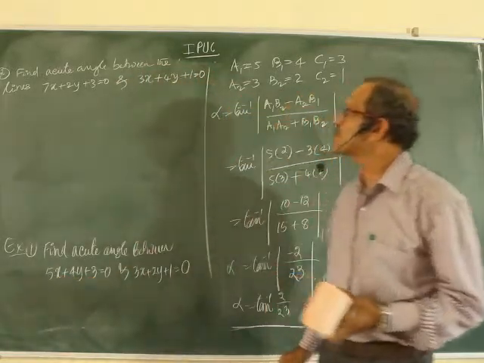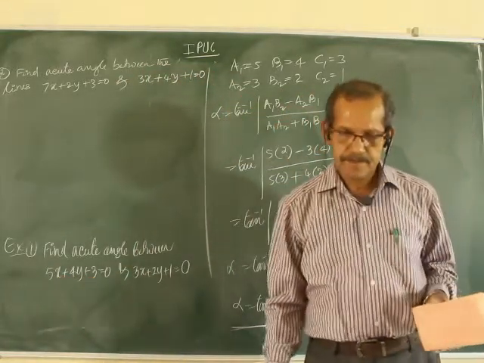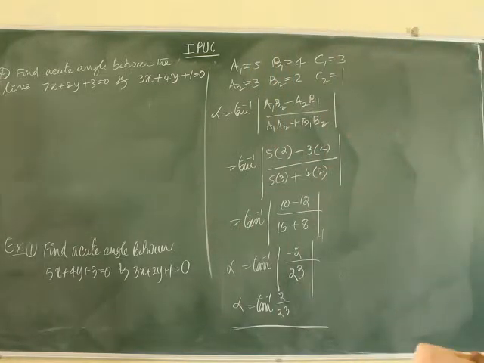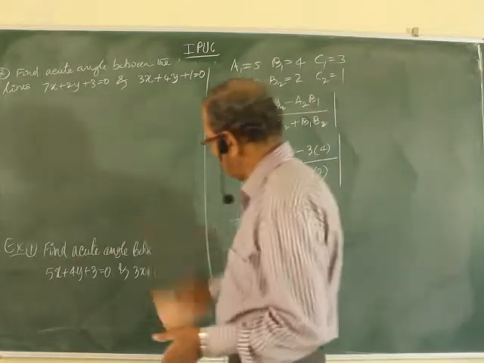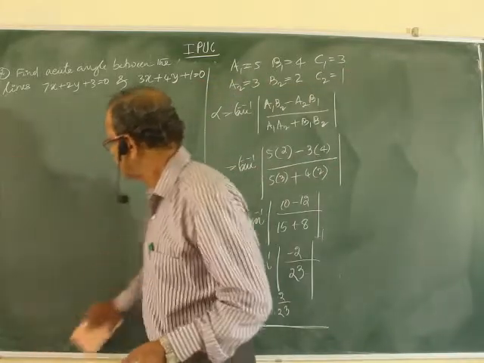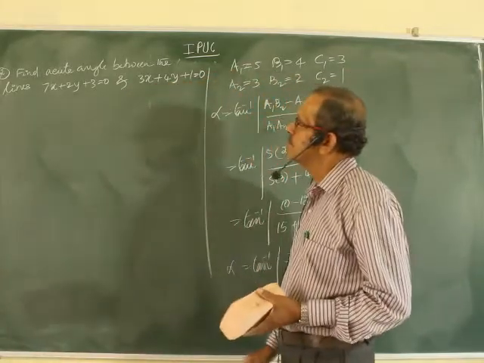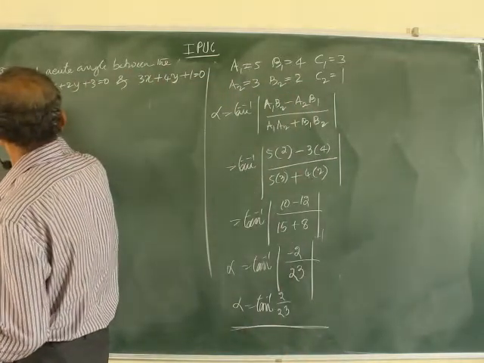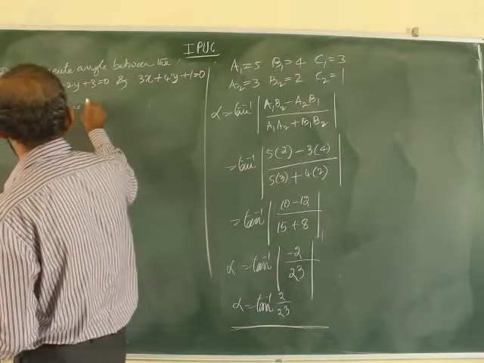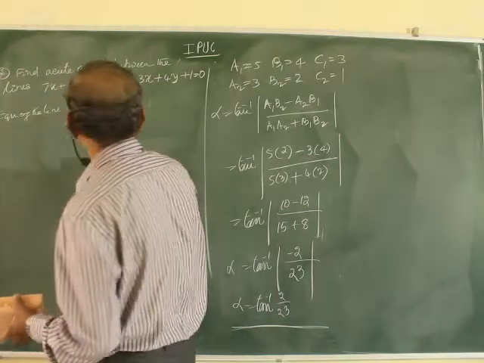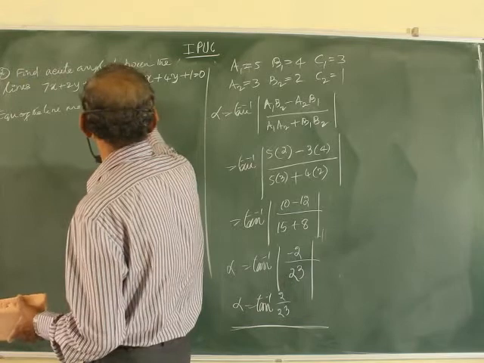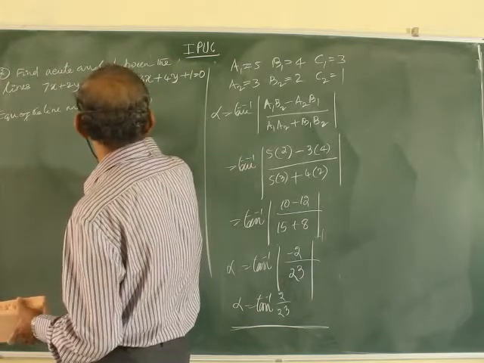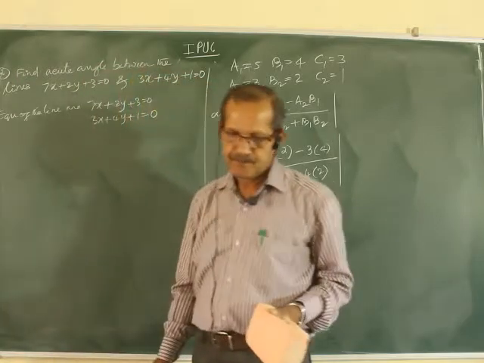Okay. Write the acute angle between the lines. Equations of the lines are 7x plus 2y plus 3 equal to 0, 3x plus 4y plus 1 equal to 0.